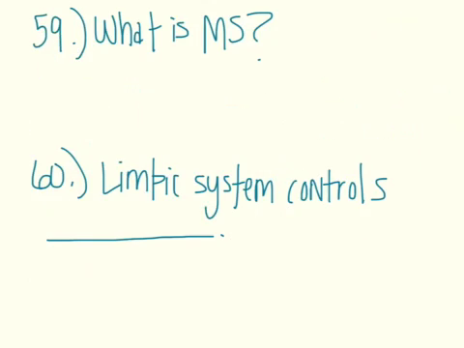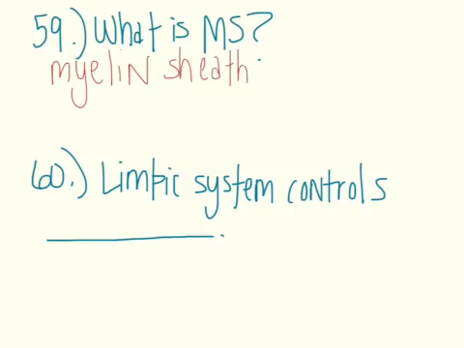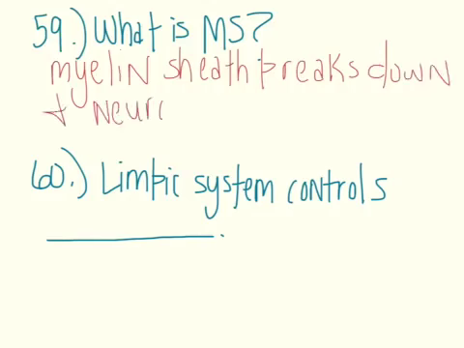Question 59, what is MS? Remember, MS is just an abbreviation for multiple sclerosis. And this is where the myelin sheath starts to break down off the axon. So the myelin sheath breaks down, and as a result the neurons kind of start to misfire.